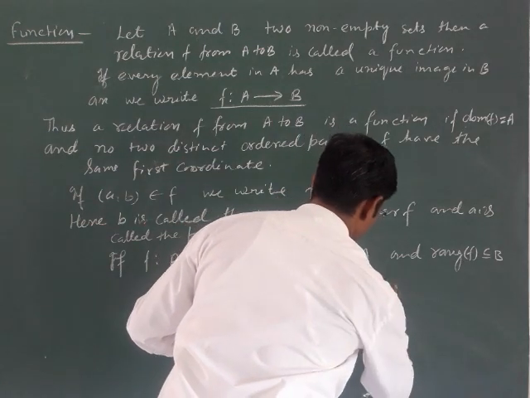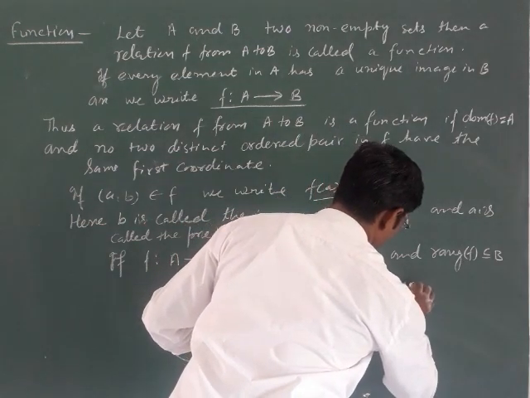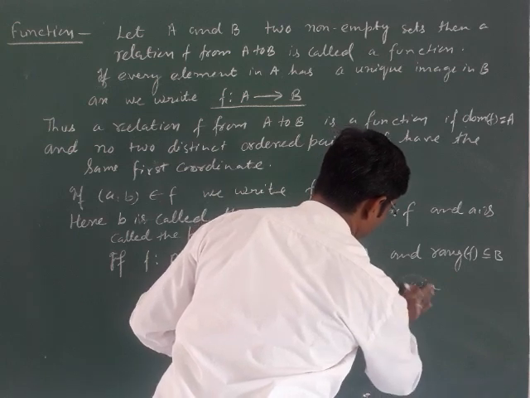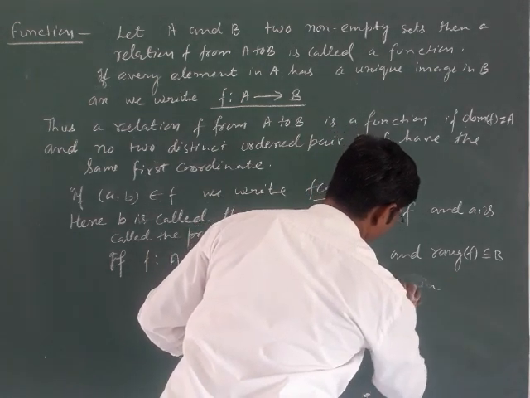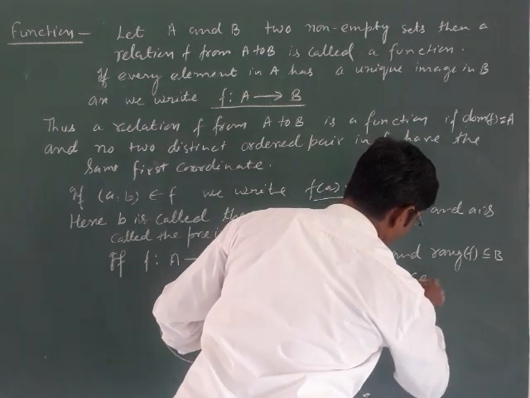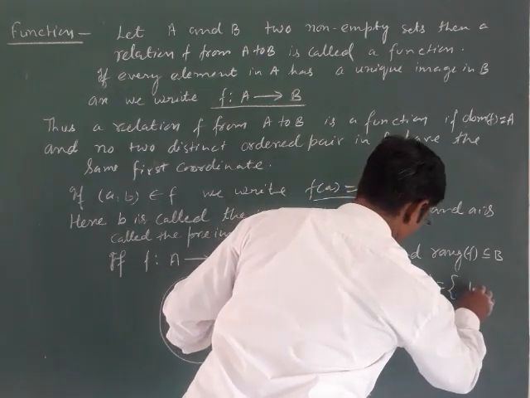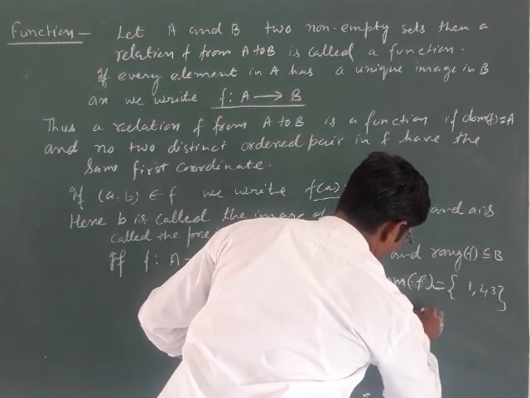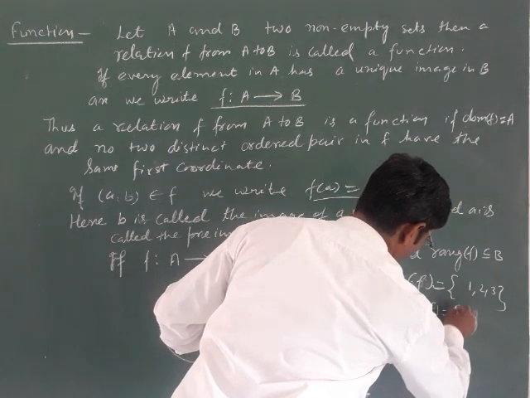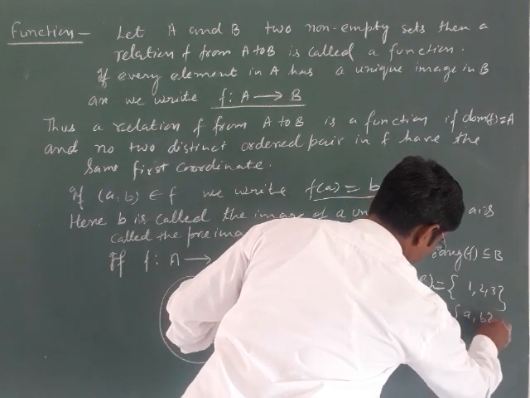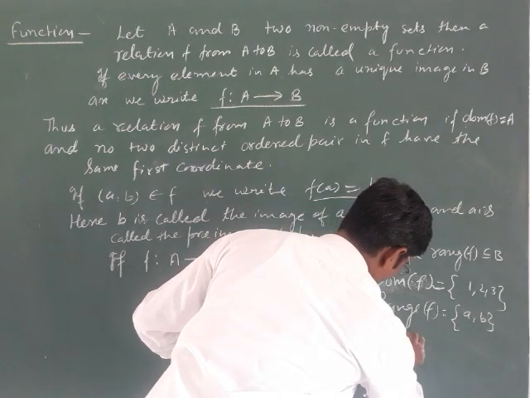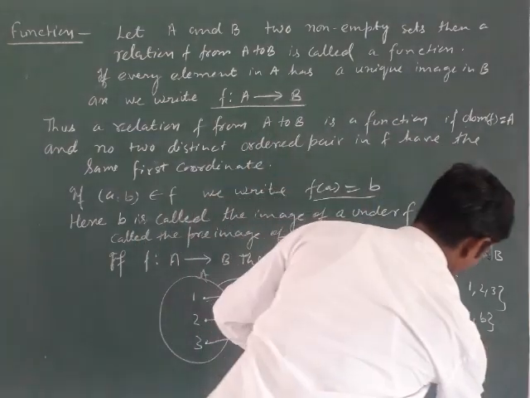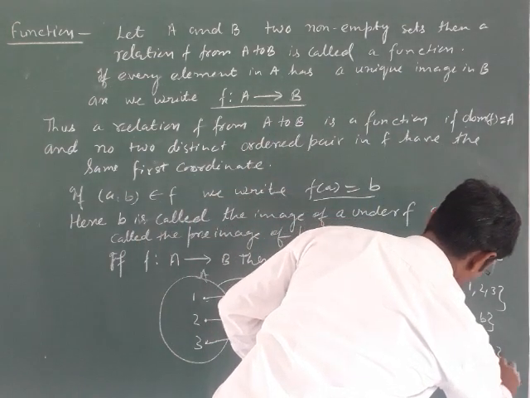So domain of F is equal to {1, 2, 3} and range of F is equal to {a, b}, and codomain is equal to {a, b, c}.